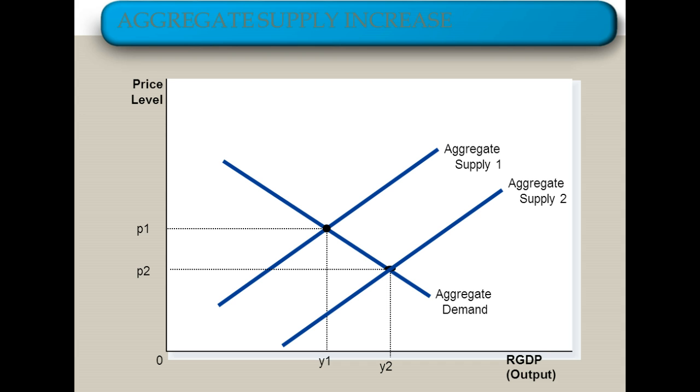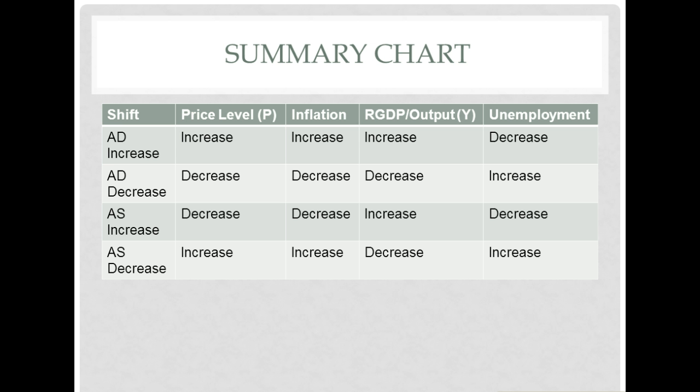So you're starting to get a feel for now, I think, what we're really trying to accomplish. This is how we ultimately try to eliminate or at least control inflation and unemployment, by manipulating aggregate supply and aggregate demand. And we'll talk about how we do that in upcoming lessons. Lastly, I'm going to leave you with a little summary chart.